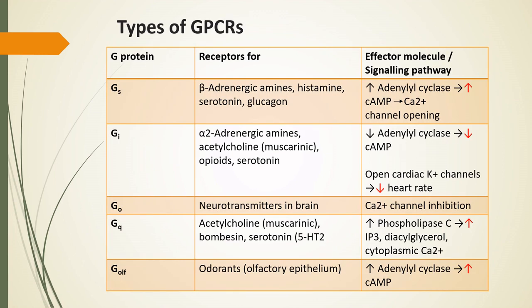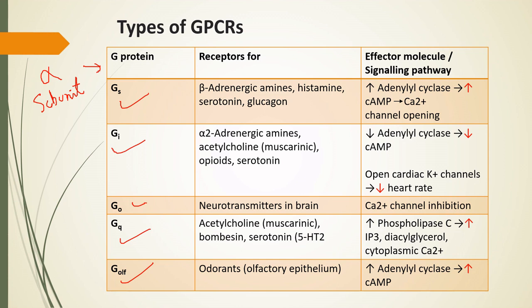Let us see what are the types of G protein coupled receptors. You have got mainly 5 types: the Gs, the Gi, the Go, Gq and the Golf or the G olfactory. These are those G proteins that are bound to the alpha subunit. Based on the type of G protein that is bound to the alpha subunits, the effects are going to vary.